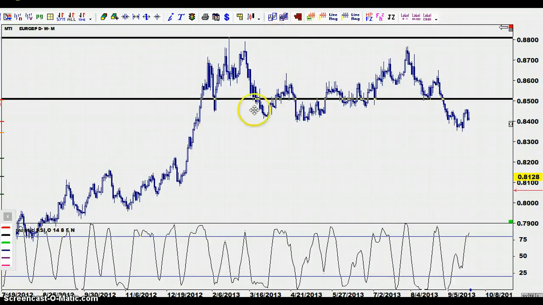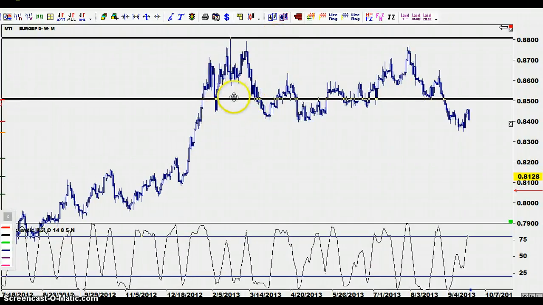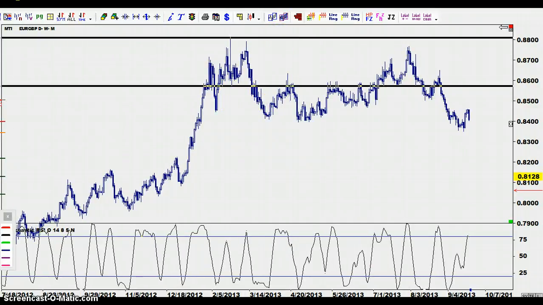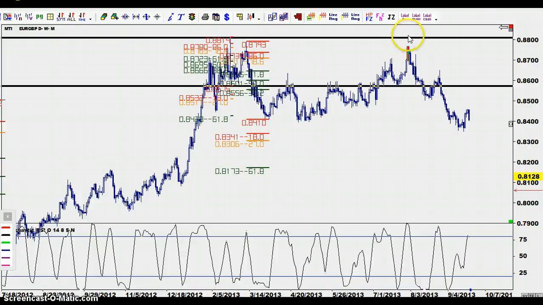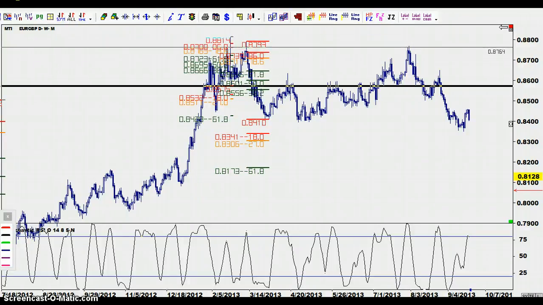All right, here's our A, and here's our B. A to B, C to D, A to B, C to D. Let's see, that's also a deep retracement.